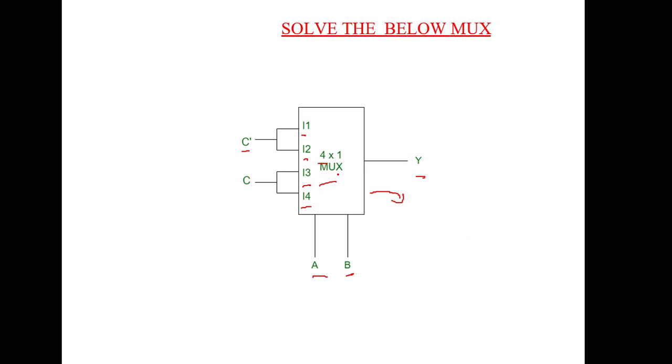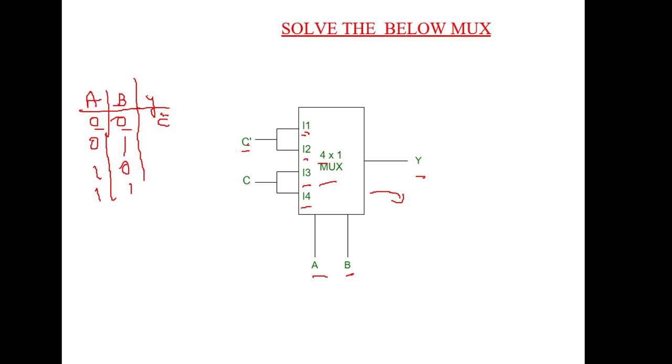We can do this step by step. First we make a truth table. A and B are the select lines, with combinations 0 0, 0 1, 1 0 and 1 1, and the output is Y. When AB is 0 0, we get I1, which is given as C bar.